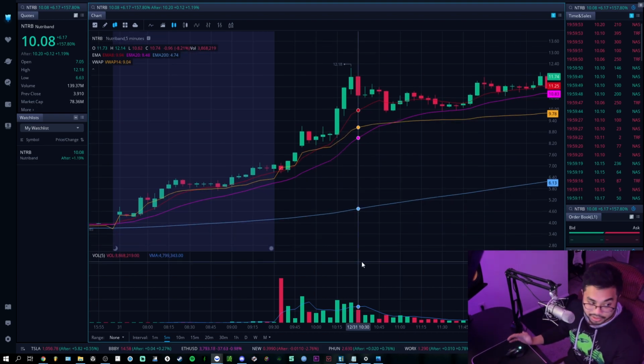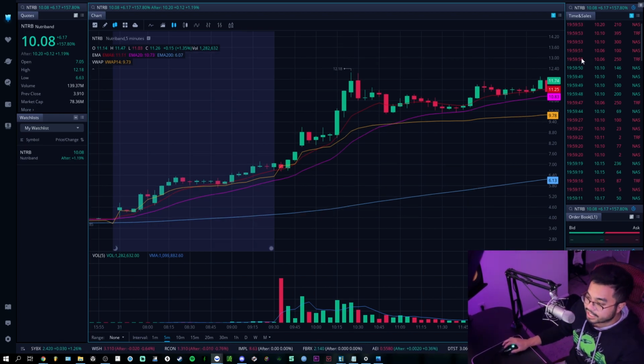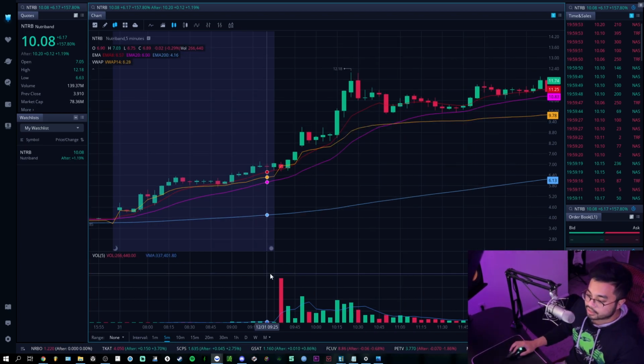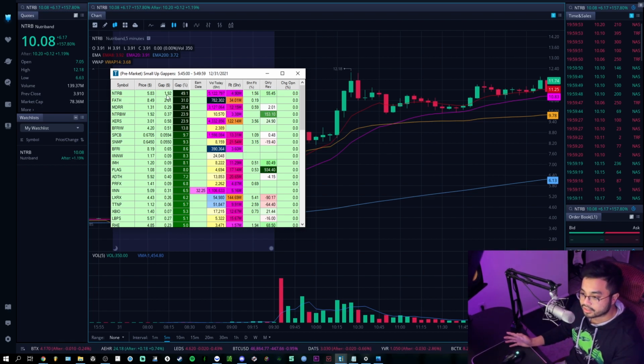So again, that's just a quick example of how we use trade ideas to formulate ideas to trade during the day. For a quick recap, we use the small up gappers list to see which tickers gapped up in pre-market, and we want to know why through the news, and that'll paint a picture in the back of our head that, okay, these stocks may possibly run during open market sessions.